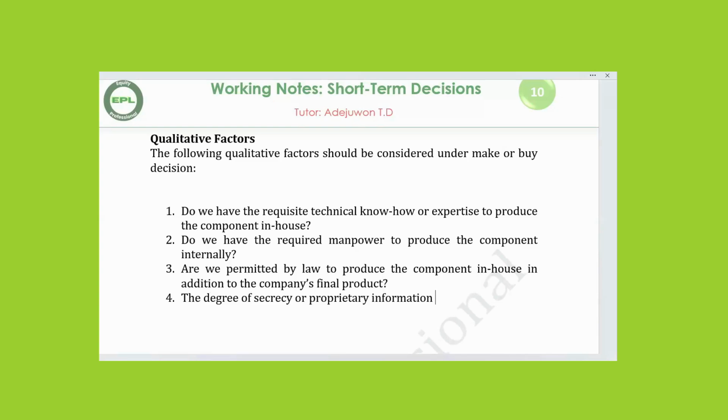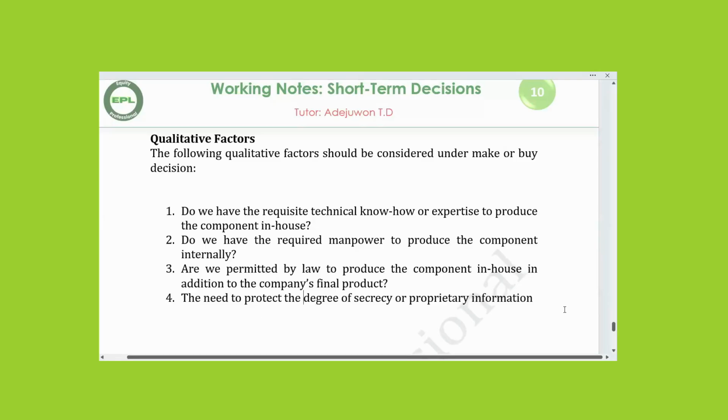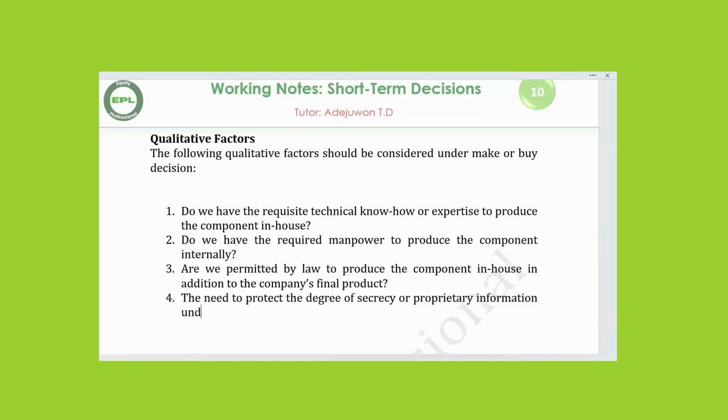Let me put it this way: the need to protect the degree of secrecy or proprietary information underlying the company's products is another factor you need to consider.